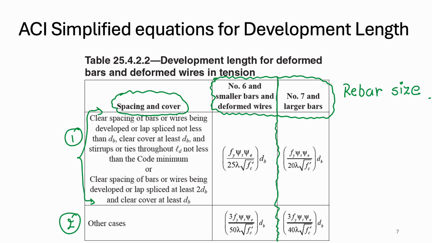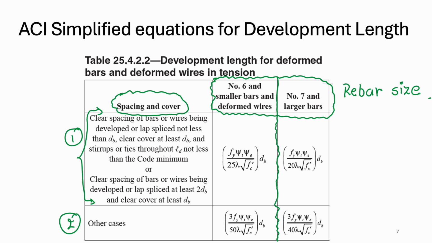For number 6 and smaller bars and deformed wires, we are using the equation fy times Psi-t times Psi-e over 25 lambda times the square root of fc prime, and we are multiplying that by the rebar size. If we have number 7 and larger rebars, instead of 25 lambda, we are using 20 lambda.